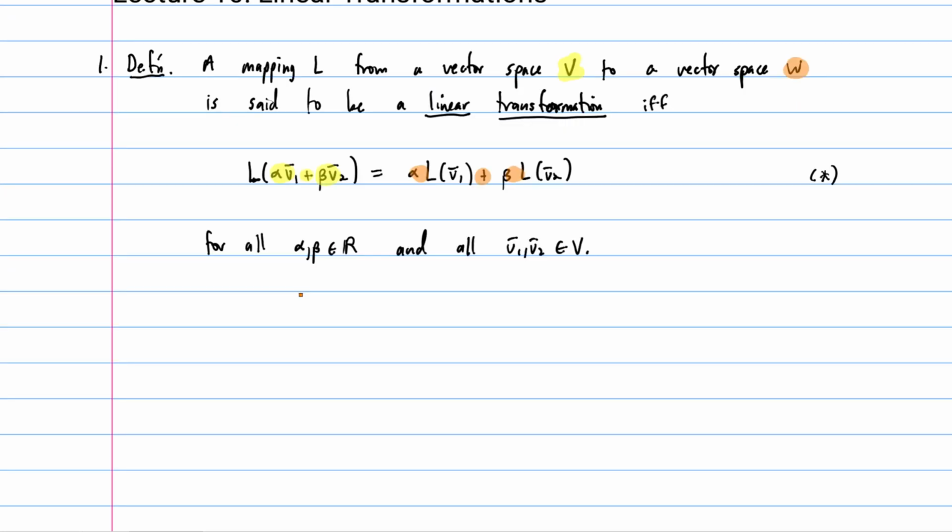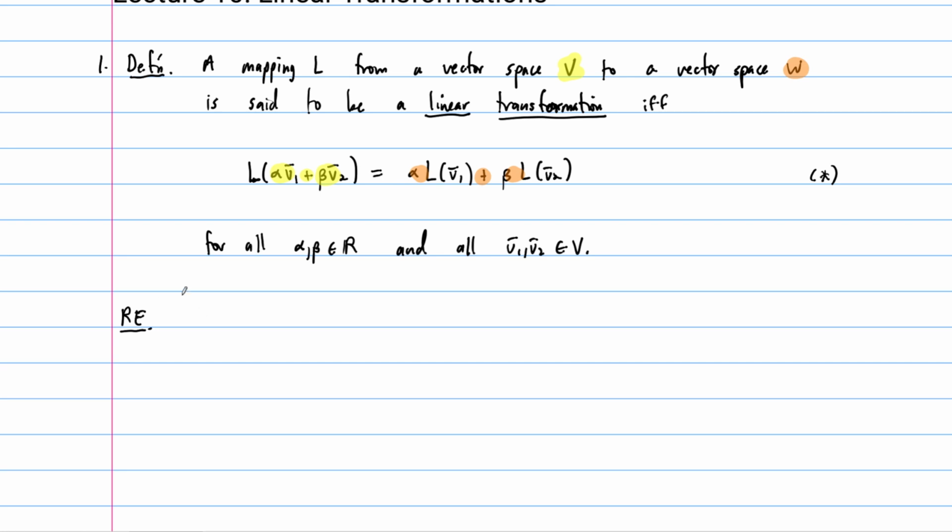Okay, so let me write down one more thing and then we'll look at some examples. But here's a recommended exercise. So you will see in some texts actually the linearity property is written in two equations as opposed to just one. So the definition that I've given here is the streamlined definition where we just have one equation that defines the linear transformation, one defining property.